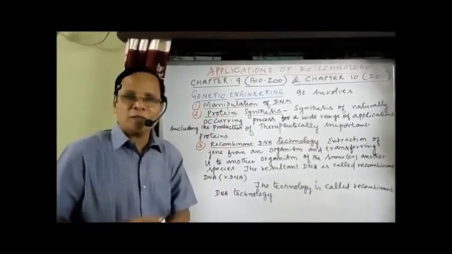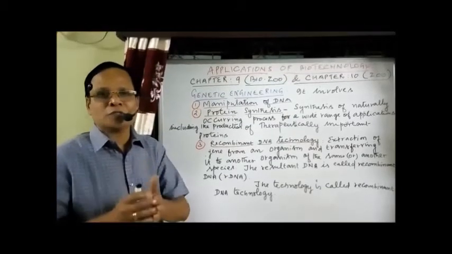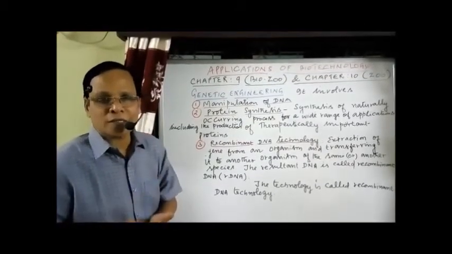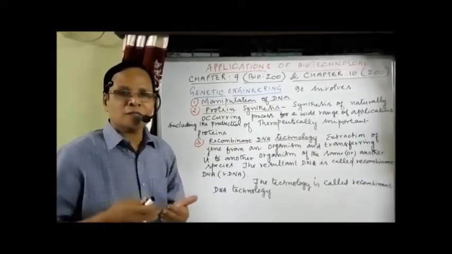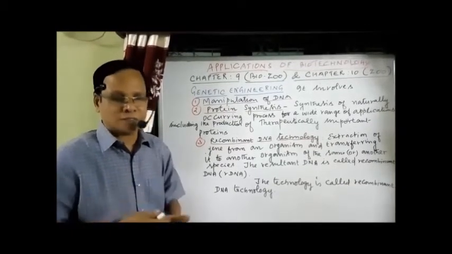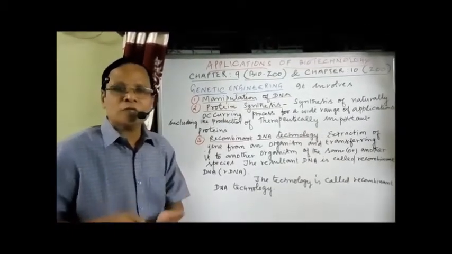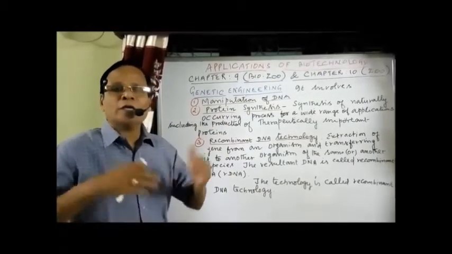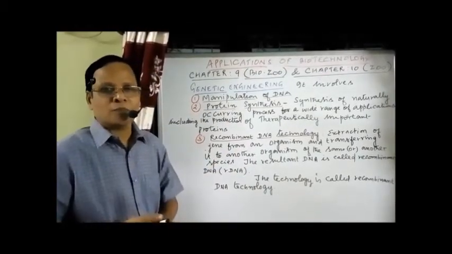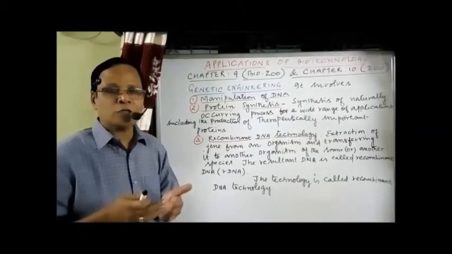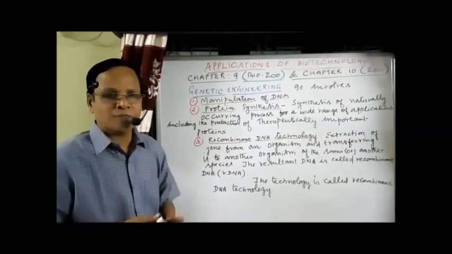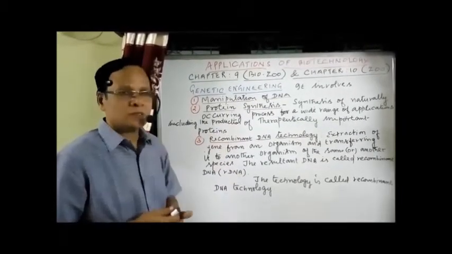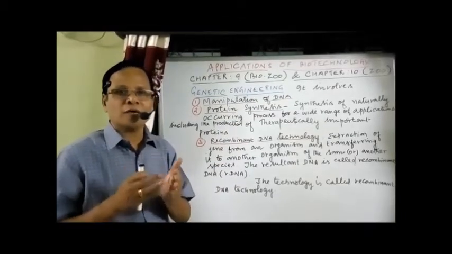The second one, naturally occurring processes. The naturally occurring process normally in the cell is protein synthesis. This protein synthesis is used for a wide range of applications. Mainly, therapeutic proteins may be synthesized. Therapeutic proteins means proteins of medicinal value.